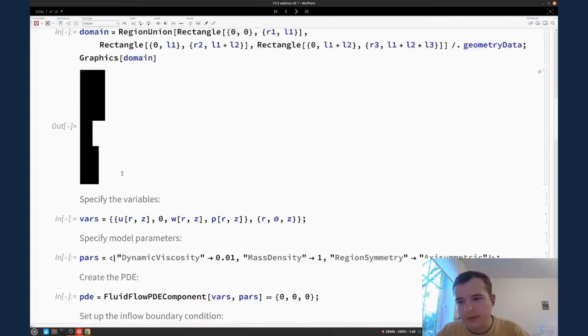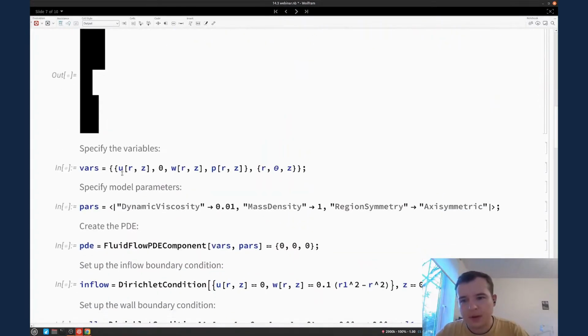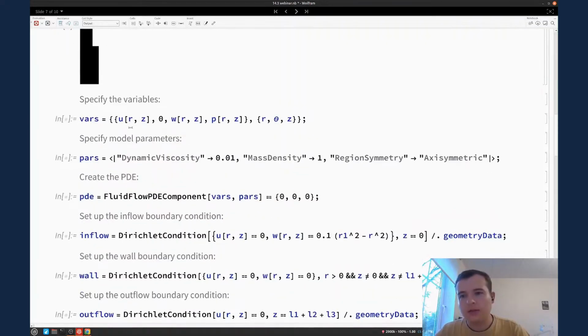Then we specify the variables. Since we are dealing with an axisymmetric problem, we assume that the second component of the velocity, the angular one, is equal to 0. So that's why here we have the 0. And the other components of the velocity, u and w, and the pressure, do not depend on the angle theta. They only depend on r and z.